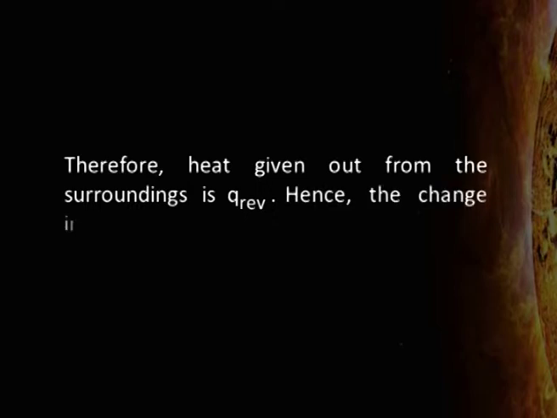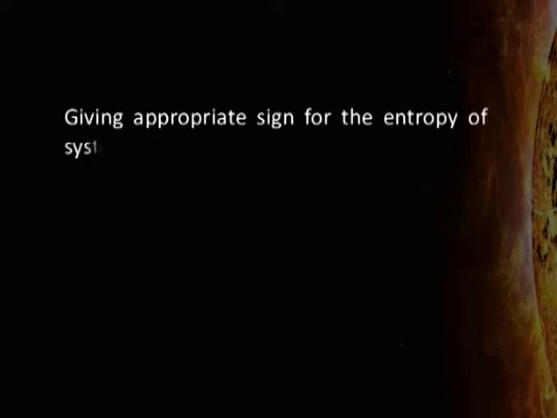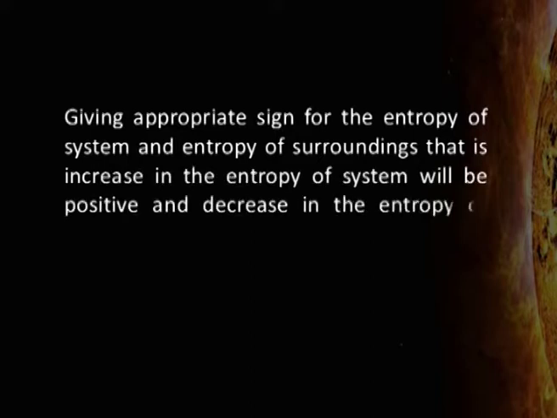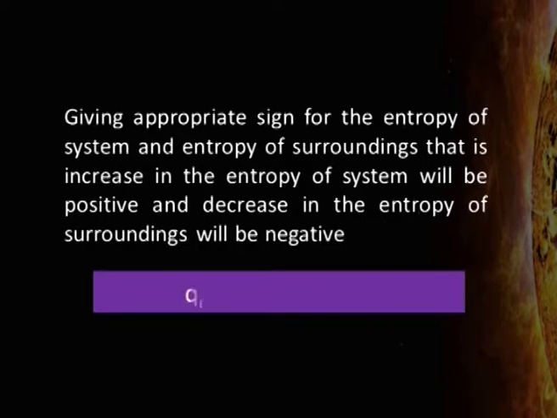Hence, the change in entropy for the surroundings will also be equal to Q reversible divided by T. Now, giving the appropriate sign for the entropy of system and entropy of surroundings, that is, the increase in the entropy of the system will be positive and the decrease in the entropy of the surroundings will be negative, we will get the equation Q reversible divided by T minus Q reversible divided by T, which will be equal to 0.